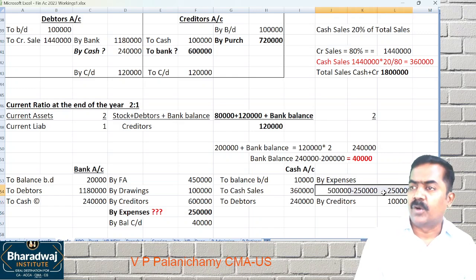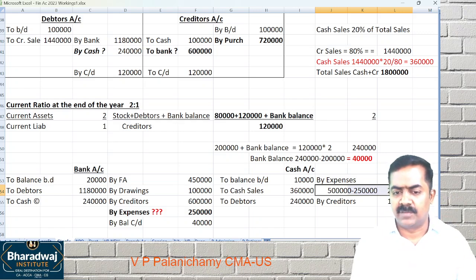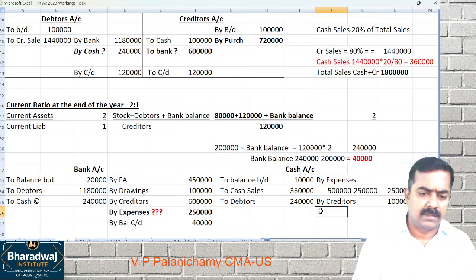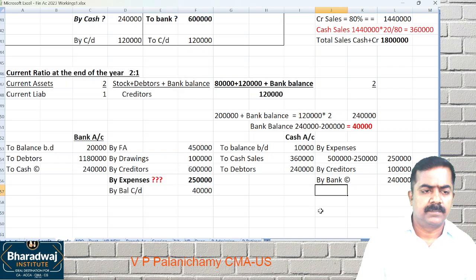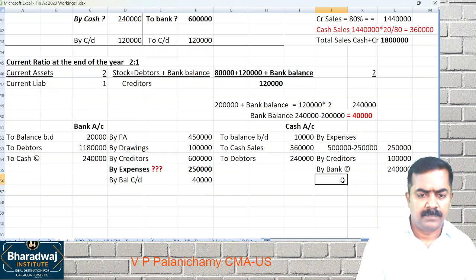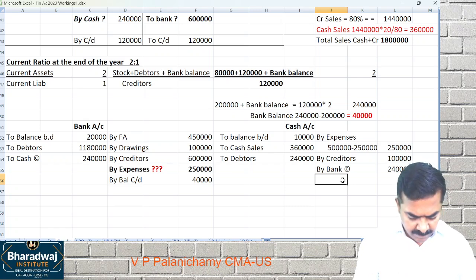Any doubt in this expenses? Out of 5 lakh, 2,50,000 spent in check, bank transaction value. Remaining 2,50,000 is by what? Cash. By bank deposit and the contra entry, 2,40,000. Anything else? Expense-ஓட balance 2,15,000 போட்டாச்சு. வேற ஏதாவது இருக்கான்னு பாருங்க.